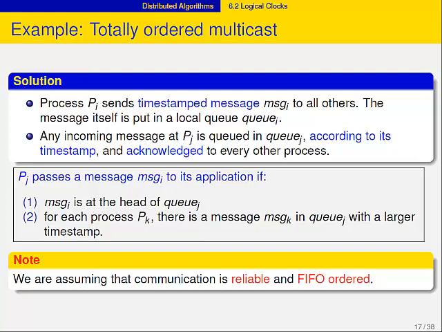Well, you just gave an answer to that question a minute ago. Because I just don't know, irrespective of my counter value, if there is a message that was sent with a lower timestamp than mine. Now I see where your question comes from.